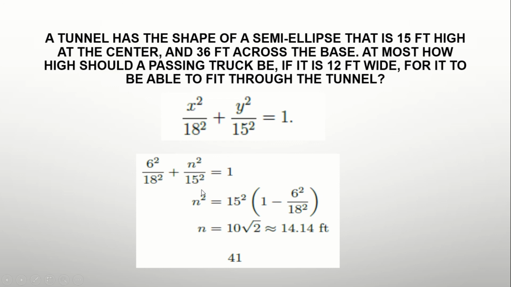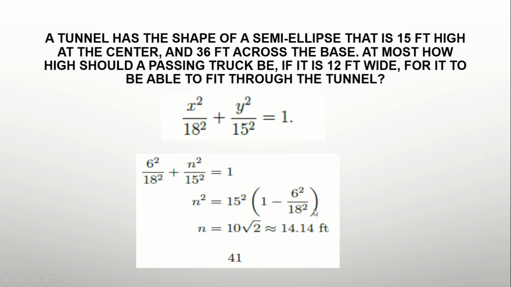So we get n squared over 15 squared on the left side, and this other term will be transposed to the right side. That is why it becomes 1 minus 6 squared over 18 squared. Then by cross multiplication, n squared equals 15 squared times (1 minus 6 squared over 18 squared).